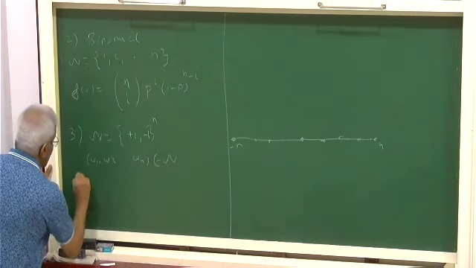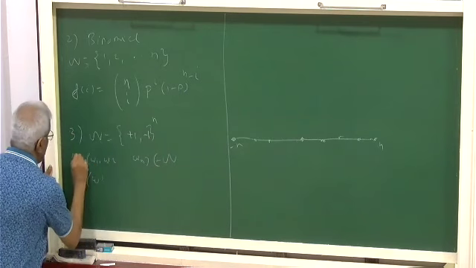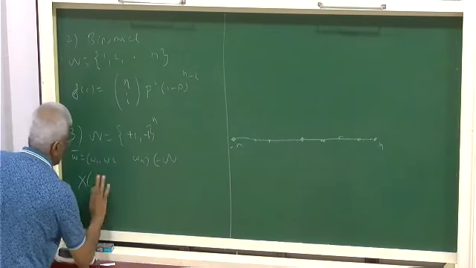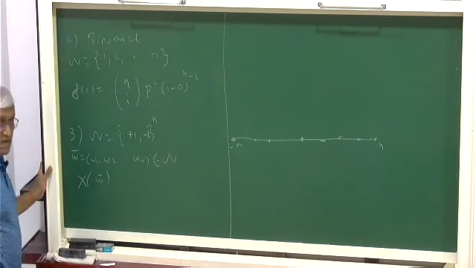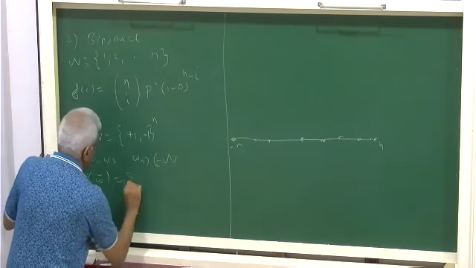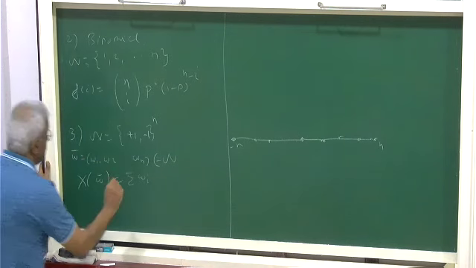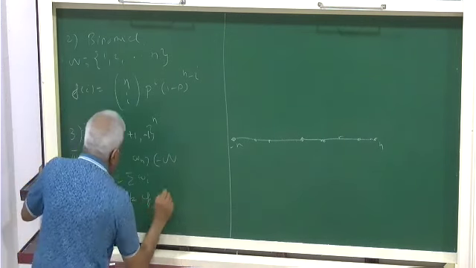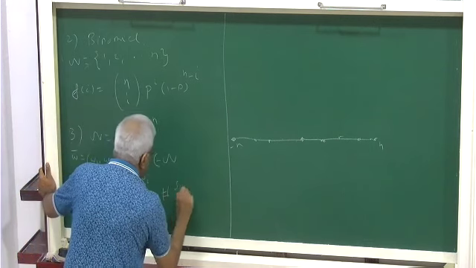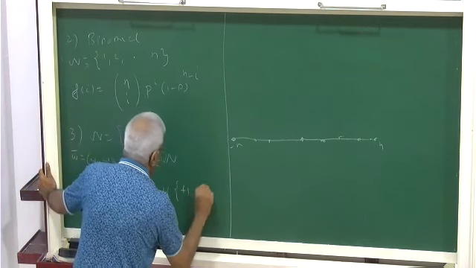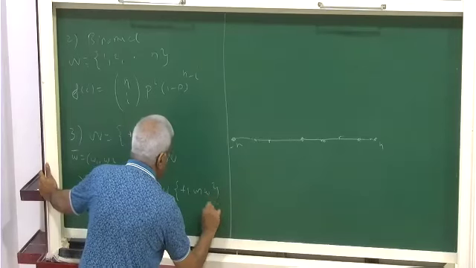Then X of omega bar is going to be the summation of omega i, which is equal to k if the number of +1 in omega equals k.